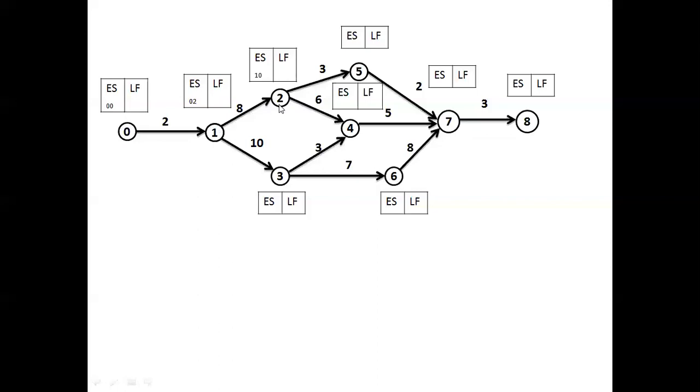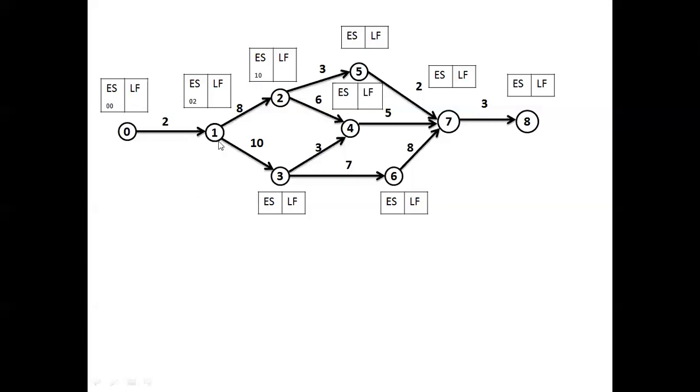If you consider 1 to 2, it starts on the second day and 8 days are allotted for its completion, then it will complete on the 10th day. So when the 1 to 2 activity completes on the 10th day, immediately the 2 to 5 and 2 to 4 activities will start.